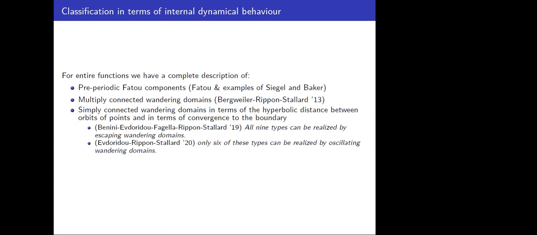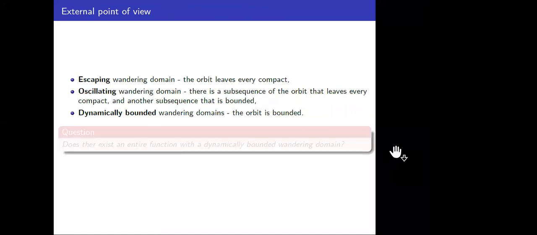The dynamics was classified in terms of the hyperbolic metric, that is, the distance of the orbit towards the boundary. I'll try to skip that because everything was already said in the morning, so we'll try not to double up.